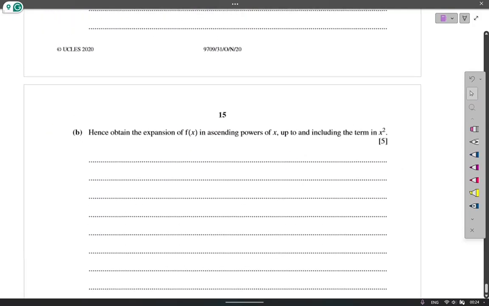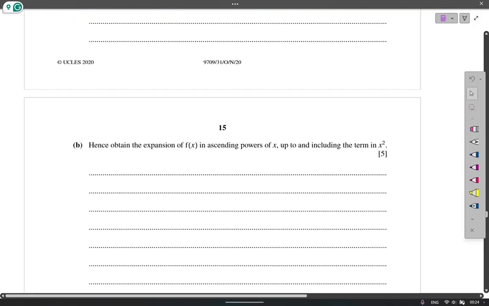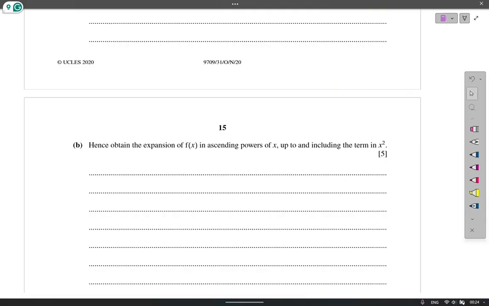Okay. And the next part: hence, obtain the expansion of f of x in ascending powers of x up to and including the term x squared.